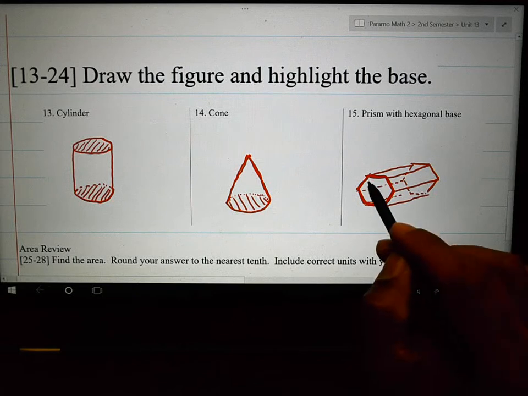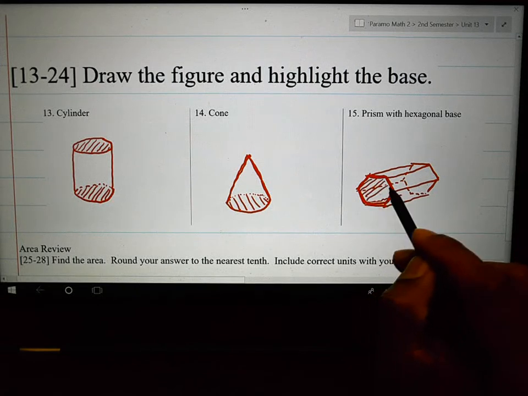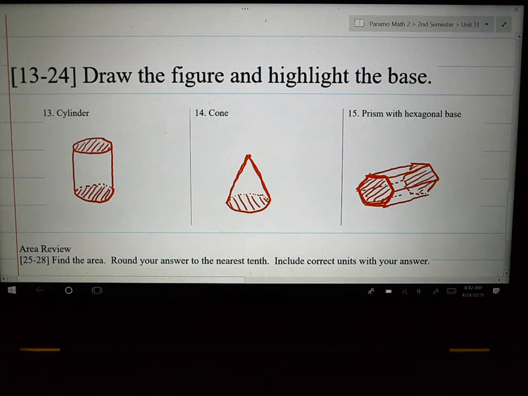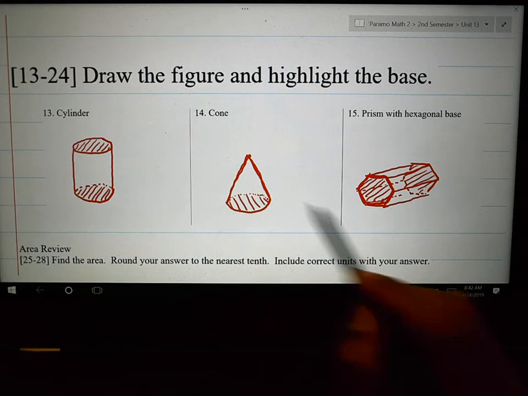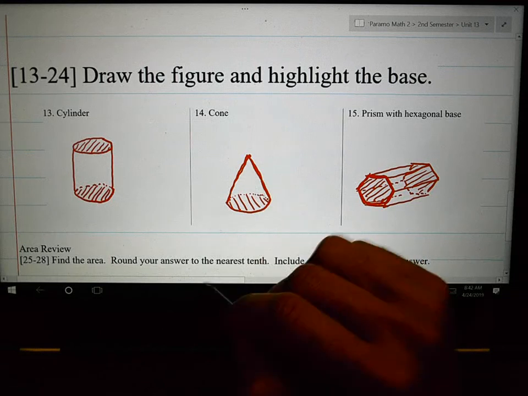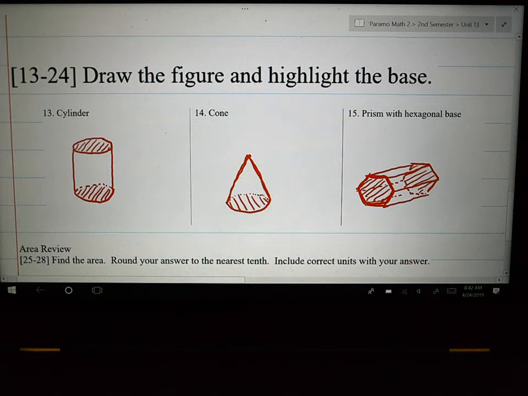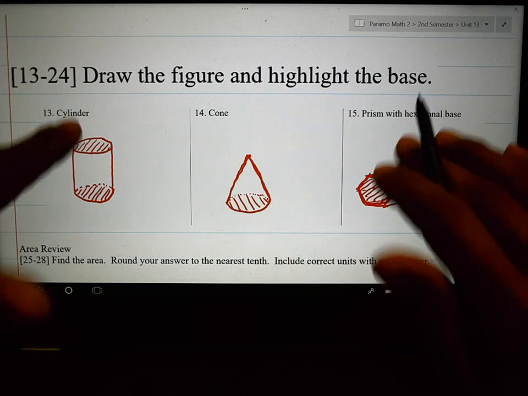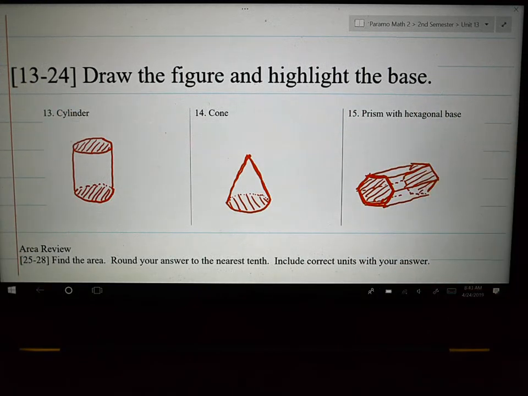Then I shade in the base or the other base, because it says highlight the base, so we just shade it in. That's it. If you're trying to draw a hexagonal pyramid, you'd start off with the bottom being a hexagon and then draw an apex and then connect the corners. It's pretty simple. But I know some of you are going to struggle with drawing, so just try your best.